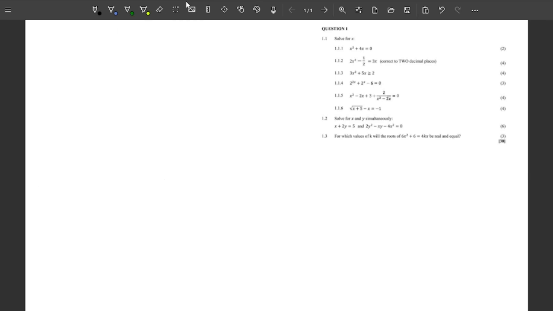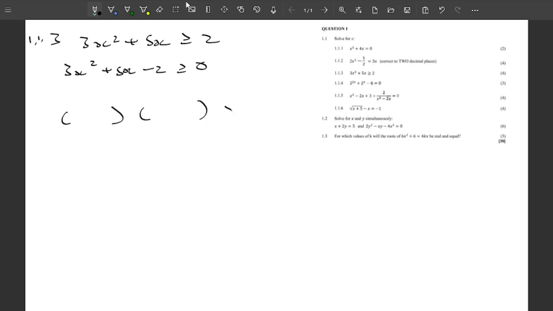For 1.1.3, it's an inequality: 3x squared plus 5x is greater than or equal to 2. In this case, the only thing we have to do is take the 2 to the other side, so it's going to be 3x squared plus 5x minus 2 is greater than or equal to 0. From here on, you have to factorize it. The majority of my students use the quadratic equation to factorize this.